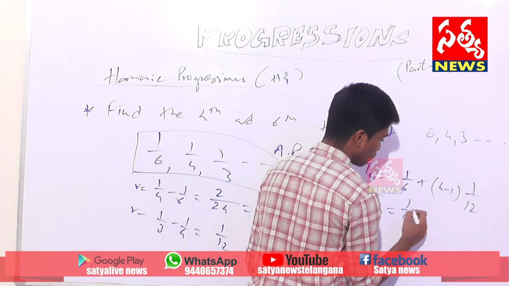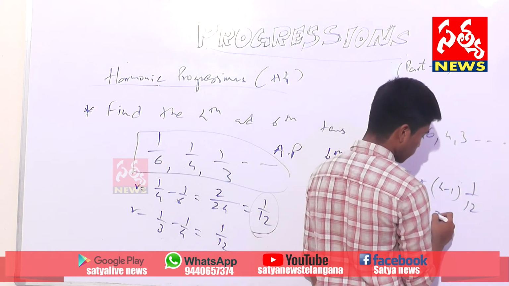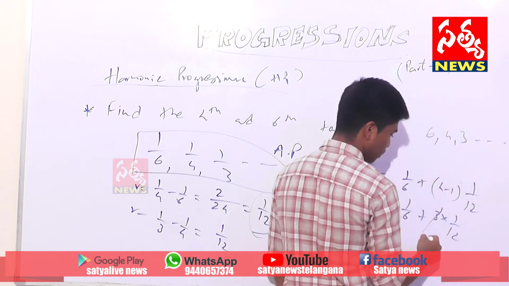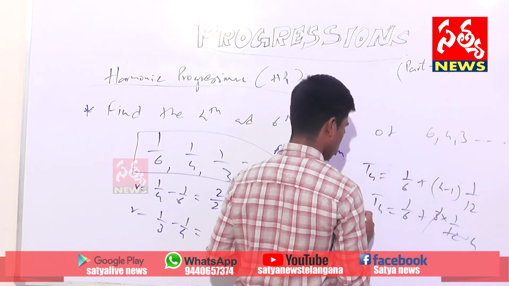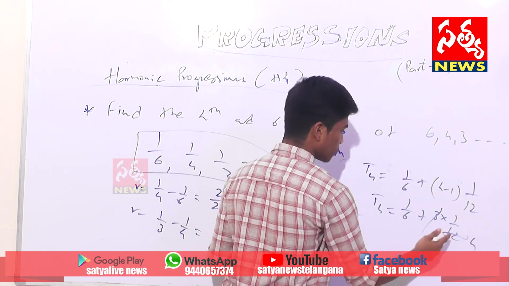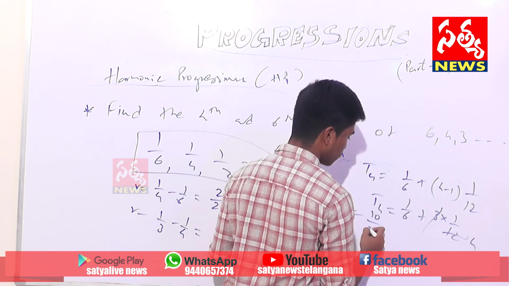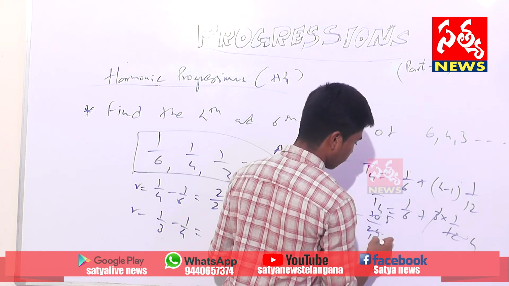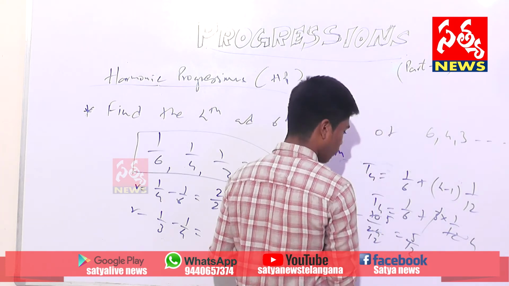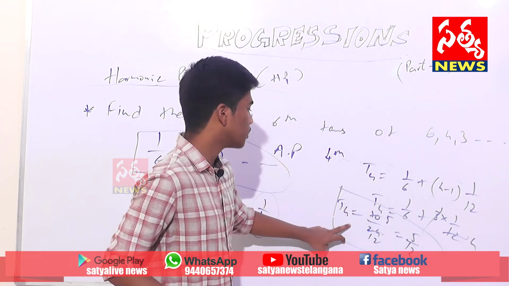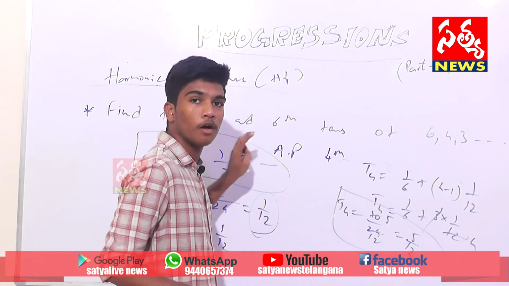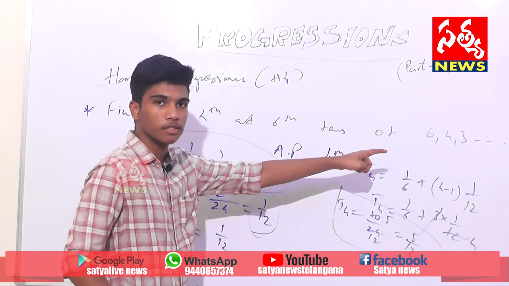T4 is equal to 1 by 6 plus 3 into 1 by 12, which is 6 plus 4, 10 by 24, which is 5 by 12. 5 by 12 is the value of the fourth term of the AP series, not the HP series.